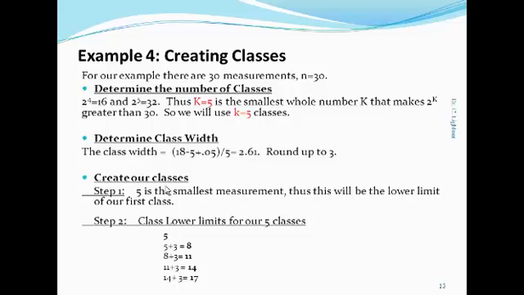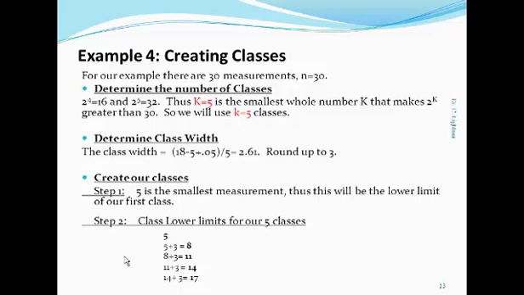Now, in our last step, we create the lower and upper limits for each class. Since 5 is the smallest measurement, this should be the lower limit for our first class. Now, in order to create the lower limits for our other classes, we should add the class width onto the lower limit for the first class.